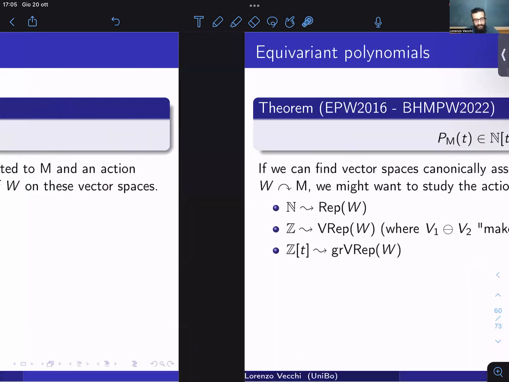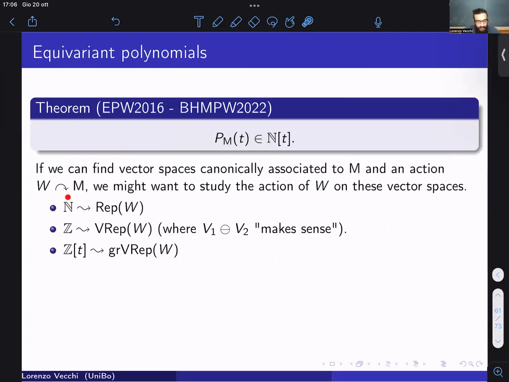So roughly the idea goes like this. Whenever I have a natural number, I want to replace it with a representation of the finite group that is acting on my object. If I start with an integer coefficient, I cannot ask for it to be a representation of the group. So I need to work with what are called virtual representations. If you know what a Grothendieck group is, the ring of virtual representations is the Grothendieck group of the representations.